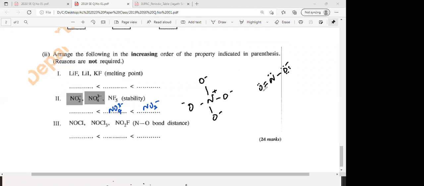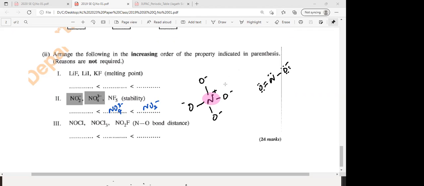When there's a plus charge on the nitrogen atom, it is unstable obviously. When an electronegative atom like nitrogen carries a plus charge, it is less stable, right?